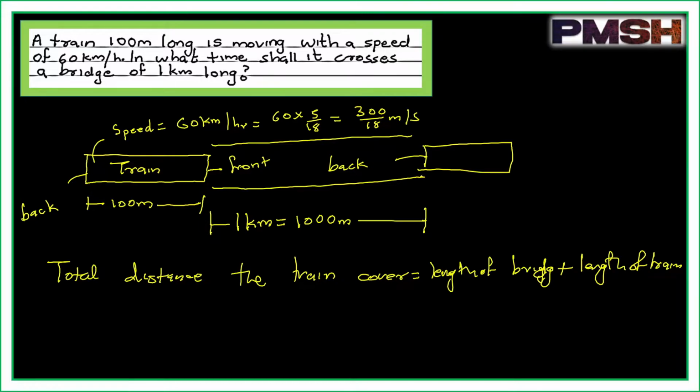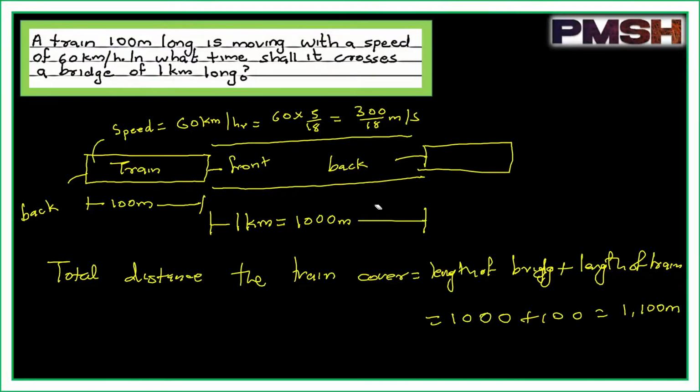Because as I have drawn in the figure, here should be the back portion and the front portion should be here. So it has to cover 1000-meter, then 100-meter more, so that the back portion will reach this position. So the total distance this train will cover is 1000 plus 100, that is 1100 meter. Okay, 1100 meter. Clear?